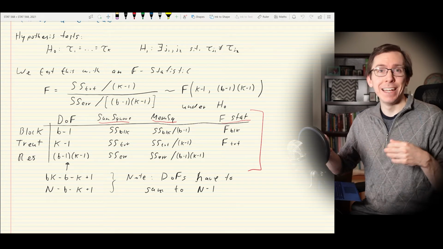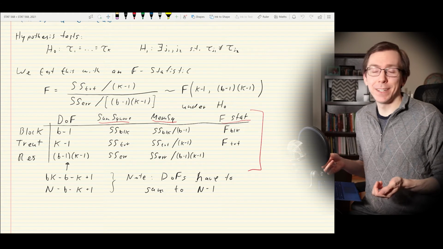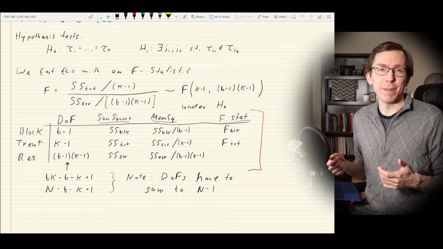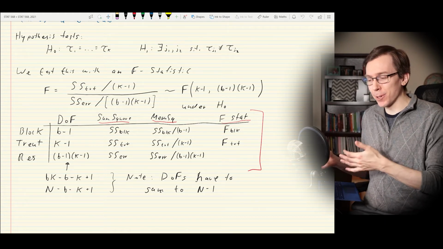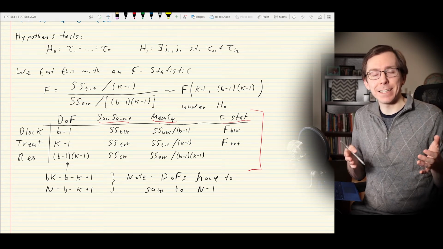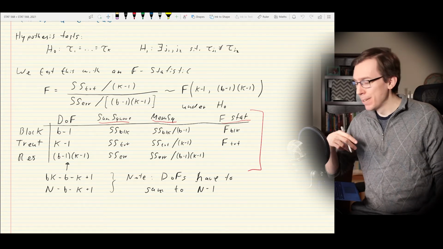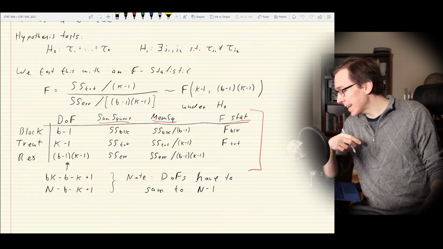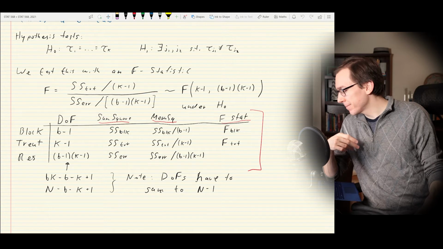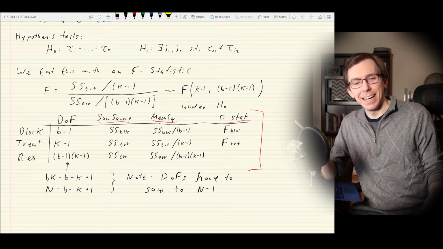On the other hand, if it's not significant at all, then we can identify that this block factor doesn't matter. It would be like saying that whether you're a smoker or a non-smoker, there's no statistically detectable effect on how the blood pressure medication works on you. Actually, no, there's a slight subtle difference there. It's not how the blood pressure medication works.